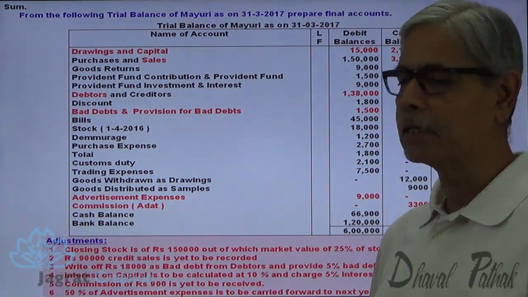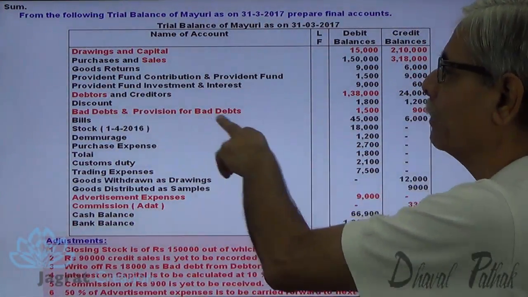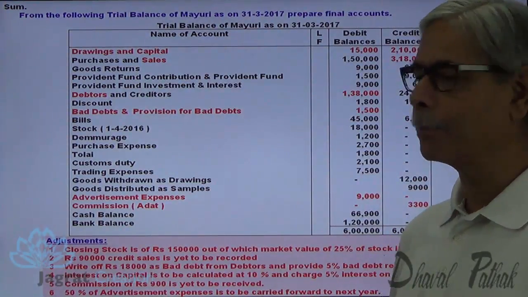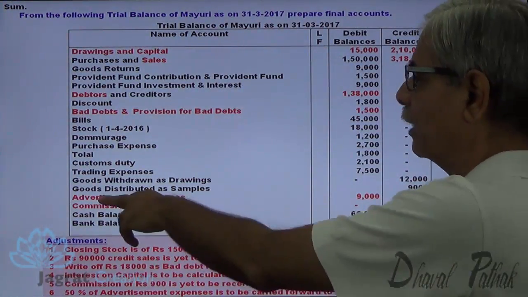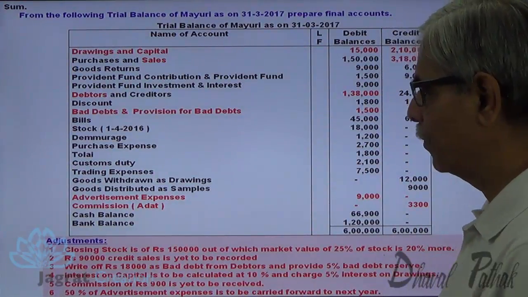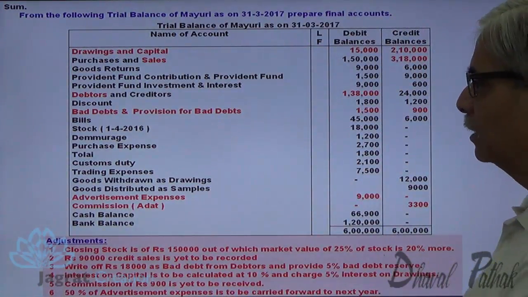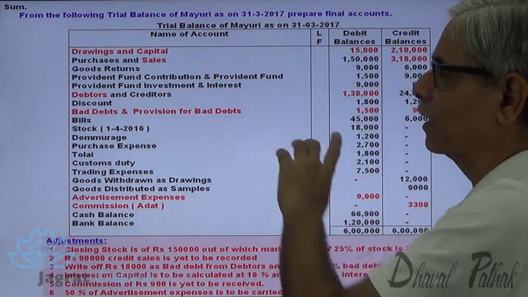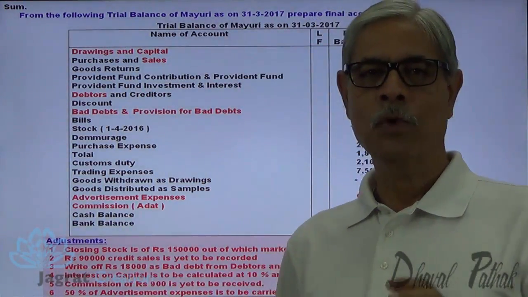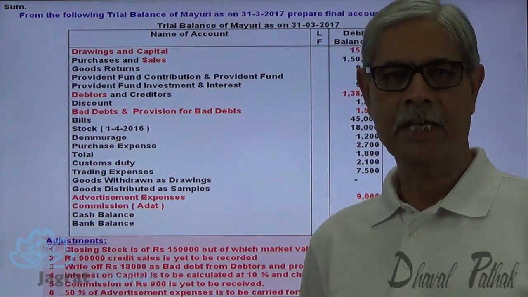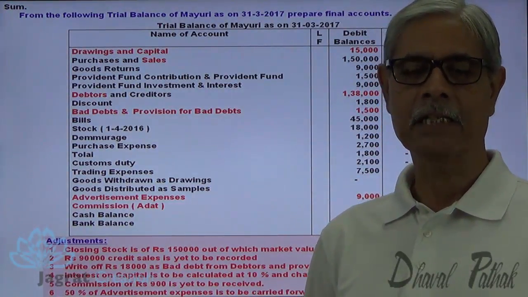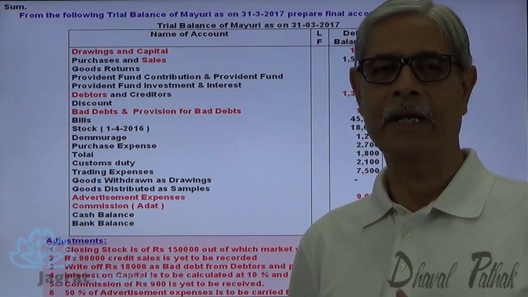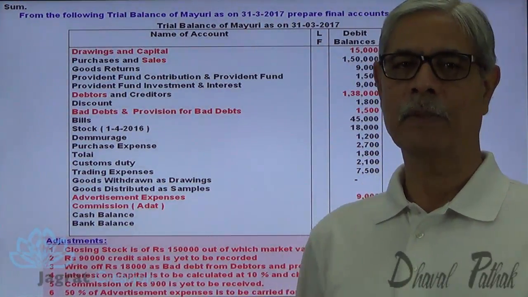Debtors, bad debt and bad debt reserve adjustment. Bad debt and bad debt provision relevant to the bad debt and bad debt provision adjustment. Advertisement expense prepaid, carried forward, and commission yet to be received. So these red color items are the items of the trial balance which have relevance in adjustment, and they will be recorded in final accounts subject to adjustments.